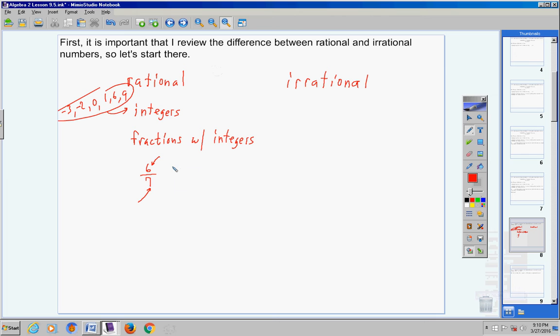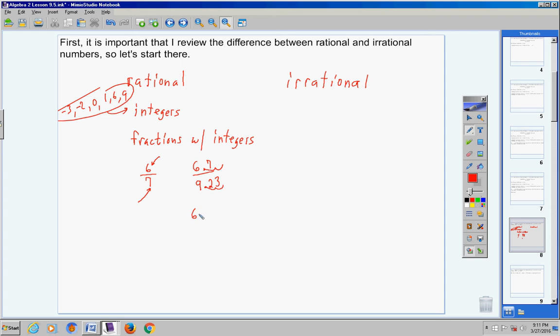Now understand this, students. If I have 6.7 over 9.23 or something like that, you would look at that and say, oh, that's not rational because I do not have an integer here. Well, listen, guys. You first simplify the fraction. In other words, I can move the decimal up top 2 places as long as I move it 2 places down here.